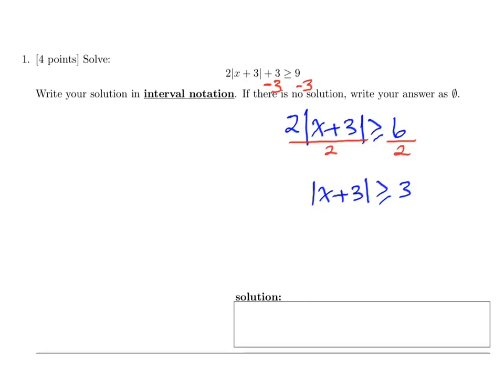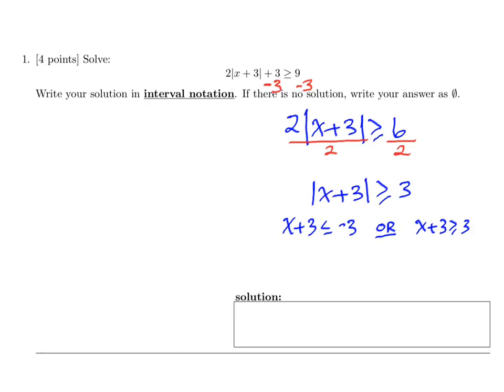So this inequality says that x plus 3 has to be at least 3 units away from 0. So there are 2 possibilities. Either the thing inside is negative, so it has to be less than or equal to negative 3, or the thing inside is positive, so it has to be greater than or equal to positive 3.